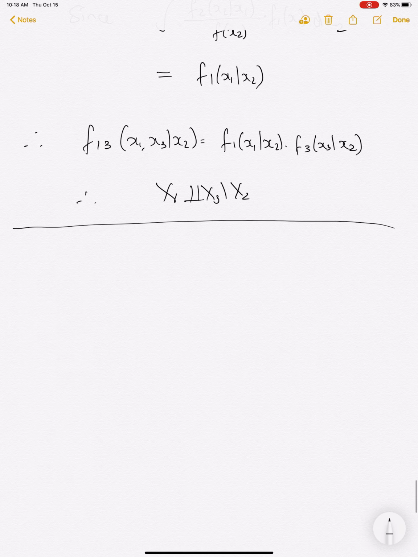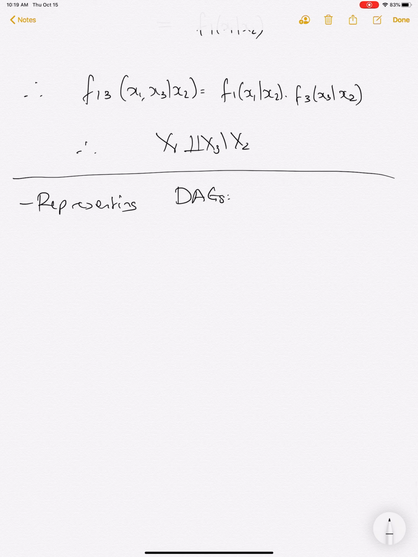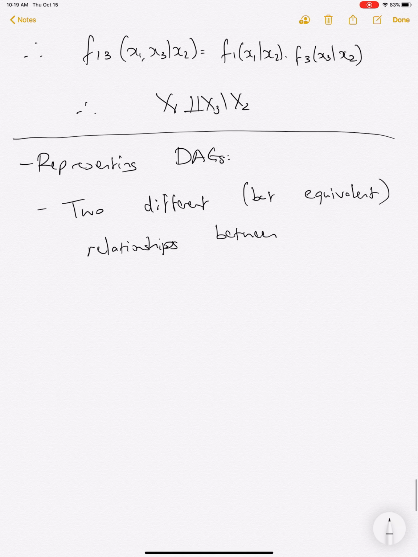factorization. So just to summarize all that, if we want to represent DAGs, there are two different, but I should say equivalent, relationships between the graph and the distribution.